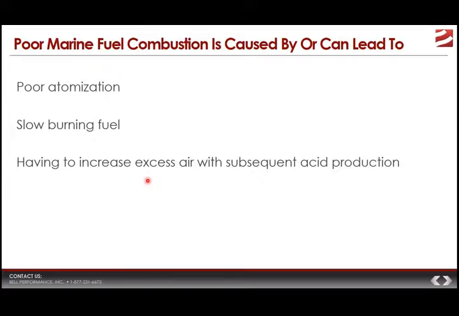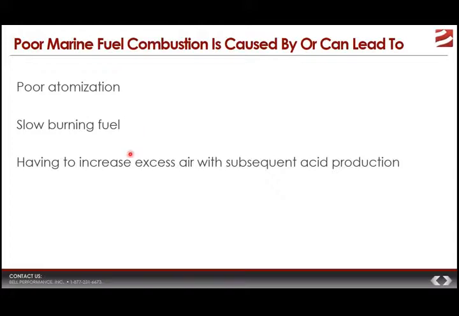Well, if you have less than optimal atomization, let's say that you've gotten carbonization or fouling of one of the fuel injector tips, and so that fuel injector does not spray it into the combustion zone in as fine an atomized mist as it's supposed to, well, then the fuel's not going to burn to the optimal level. You can get what they call slow burning fuel. That's basically fuel that has poor combustion specifications.